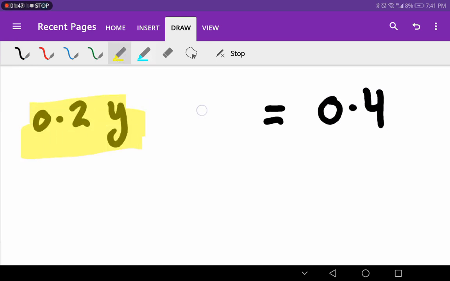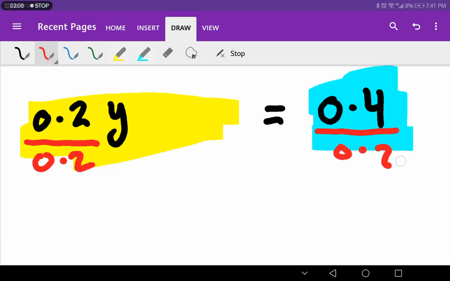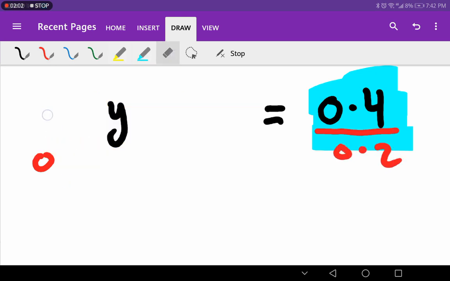This is the left side and this is the right side. Now we have to divide by the coefficient, which is 0.2, and here we have 0.2, so this will be eliminated. And here, 4 divided by 2, so y equals 2.